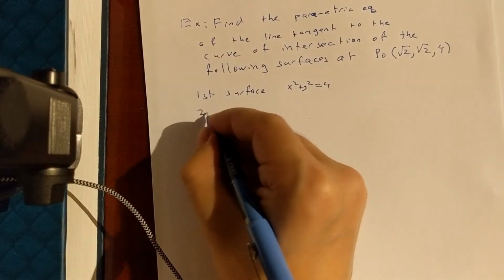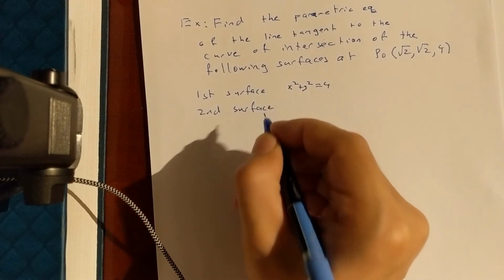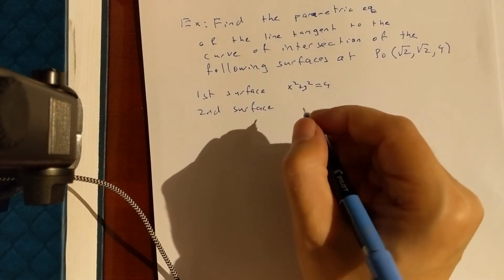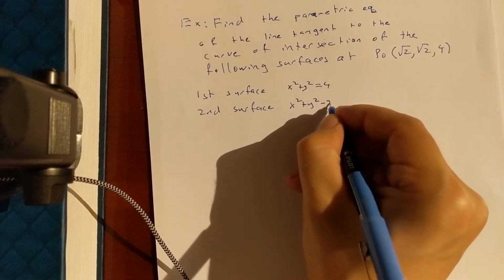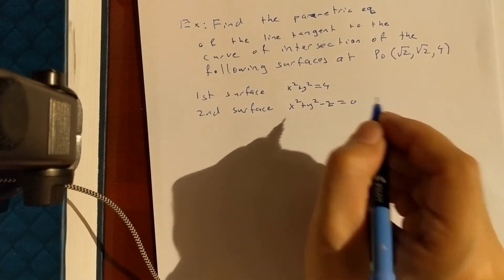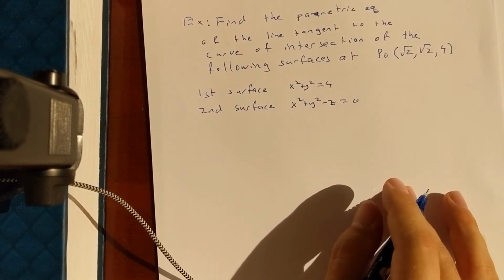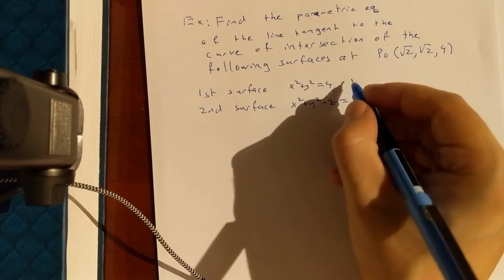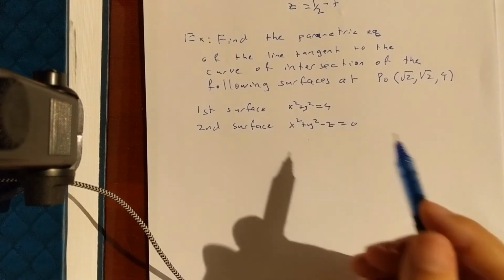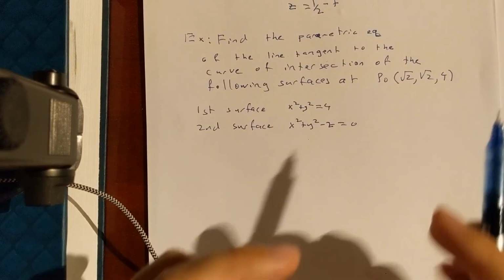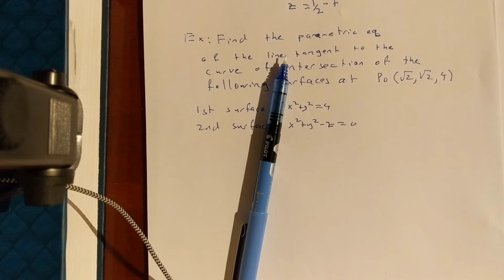And the second surface is going to be x squared plus y squared minus z equals 0. So I got these two surfaces. Now let's think about them. This guy is a cylinder, right? It says that level curves are always circles with radius 2, so it's just a cylinder. And the other one is just a paraboloid.